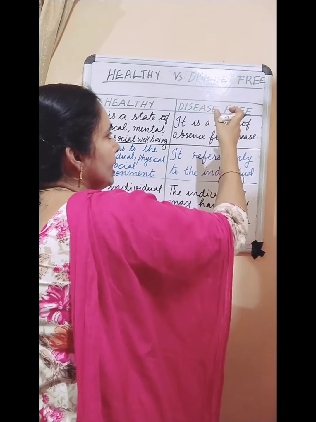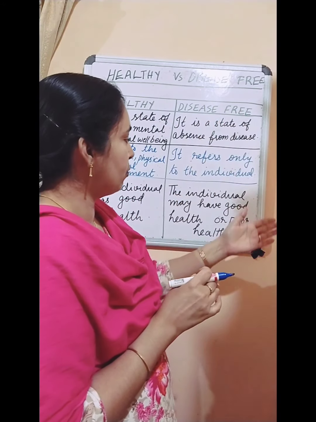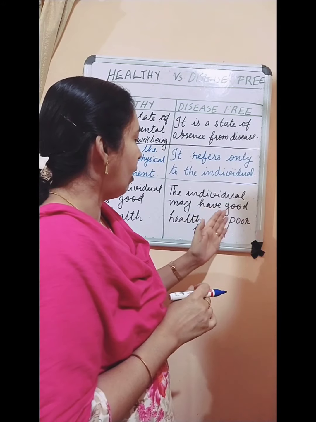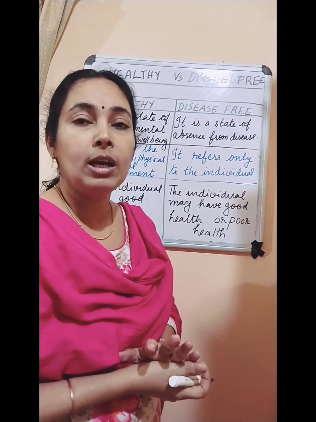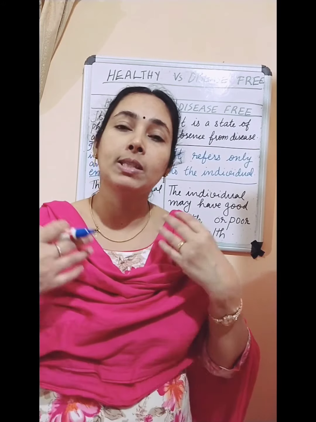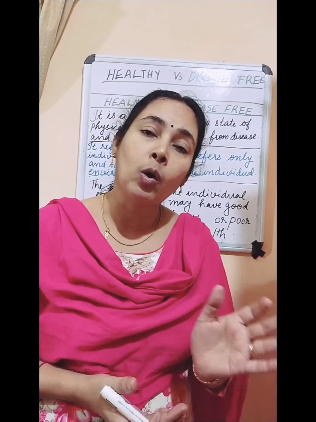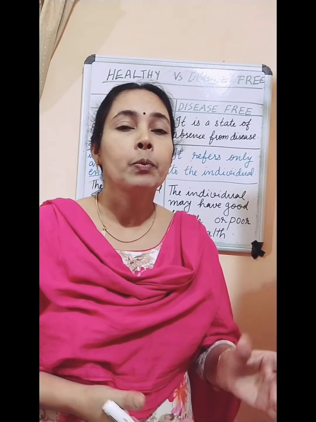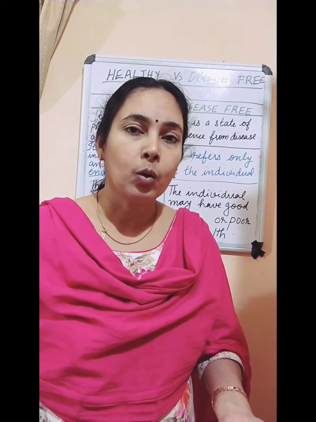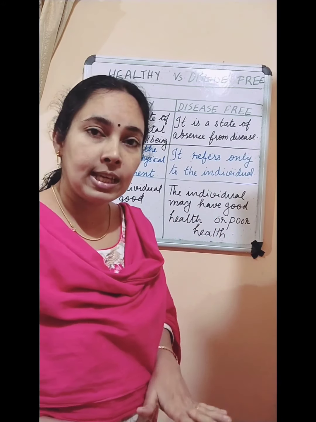But if a person is disease free, the individual may have good health or poor health. He may not be suffering from disease, he will be free from disease, but he may not have good health, or he may have good health. So disease free doesn't mean he is healthy.